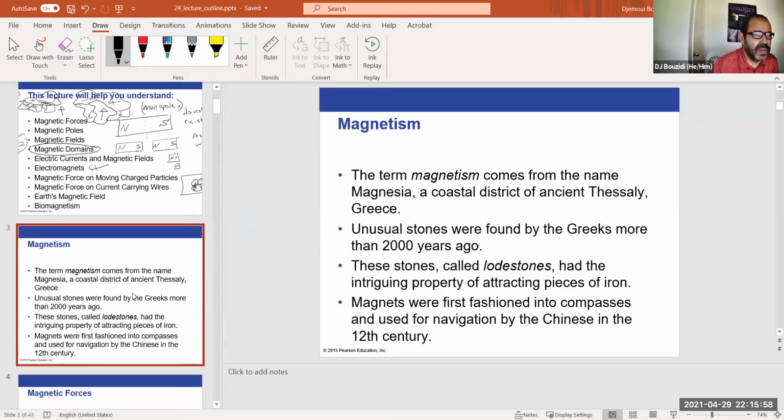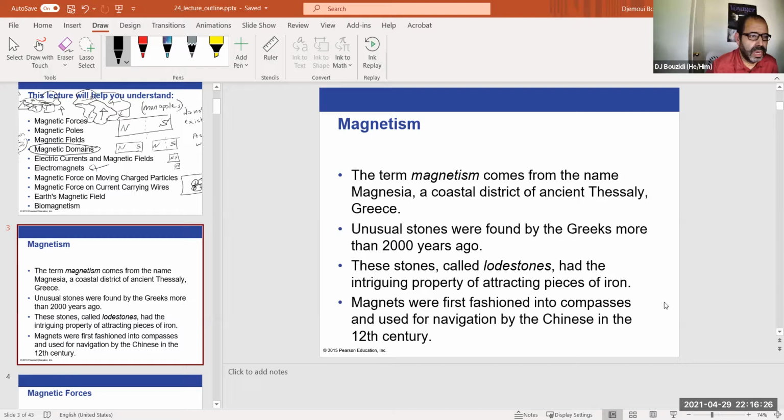The term magnetism comes from the name Magnesia, a coastal district of ancient Thessaly, which is in Greece, because there is a mountain there where people noticed that if they took a rock from there, it attracts one another. So that's how magnetism was probably initially documented, but it existed in a lot of regions in the world, not just in Greece.